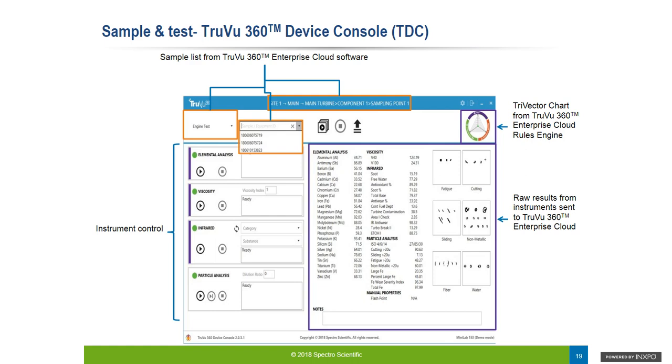Once your test is complete, the results are displayed on this test console. You have a chance to look at them, and if they look reasonable, you hit the upload icon, and what that will do is it'll send the data back to the TrueView software, where it will then populate that tri-vector chart by comparing the actual data you just measured to the reference values in your limit database.